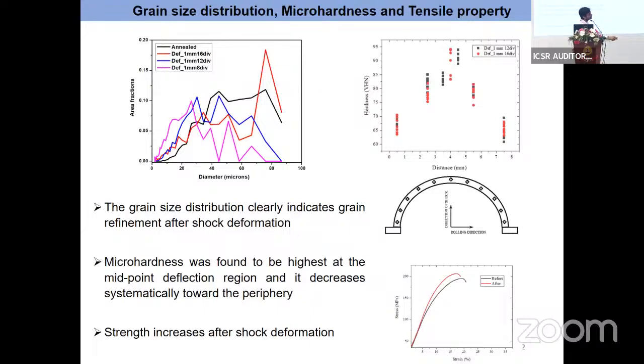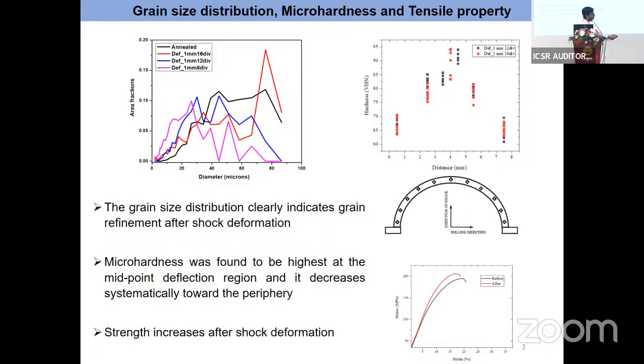I did Vickers hardness testing along the TD plane in the sample. Where there is maximum deflection, I got maximum hardness because of maximum dislocation density in this region.